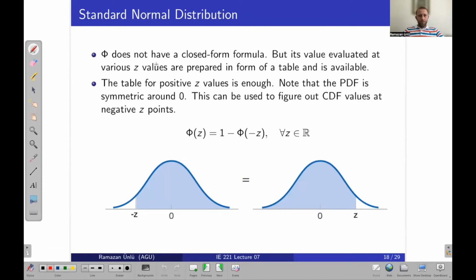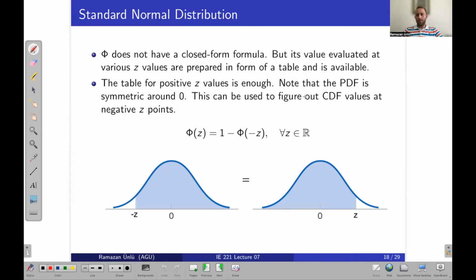Phi doesn't have a closed form formula, but its values evaluated at various z values are prepared in the form of a table and are available. I told you this before, and we will use this table to calculate probabilities. The table for positive z values is enough.